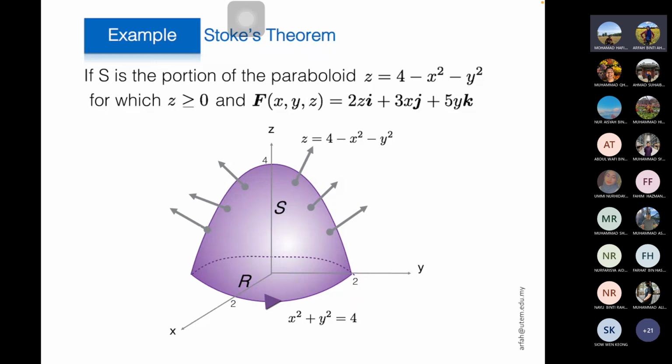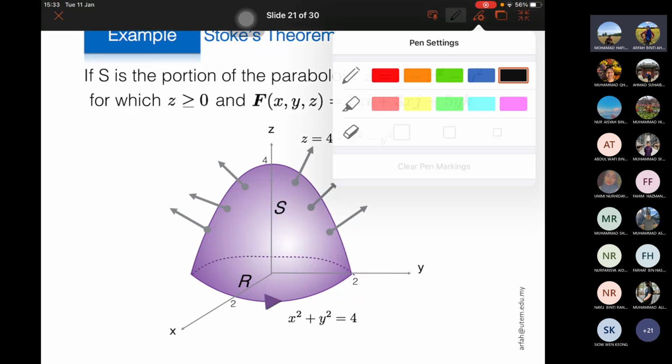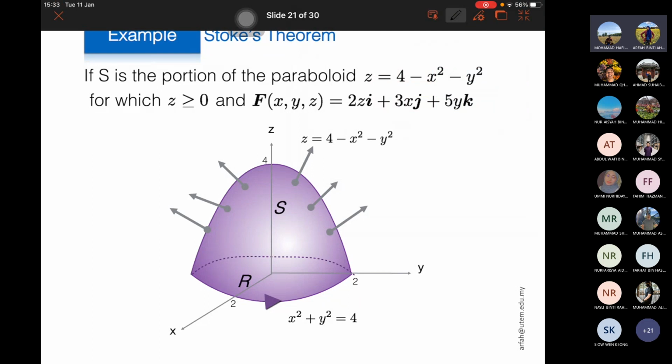Okay. So find the integration over the curve C by using Stokes Theorem. So the question wants you to find the integral over C of F dot dr, which we can solve by using the Stokes Theorem, integration over the surface S for curl of F having the dot product with unit normal vector dS.